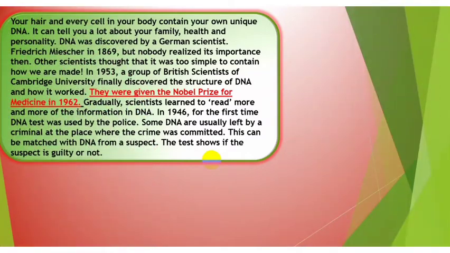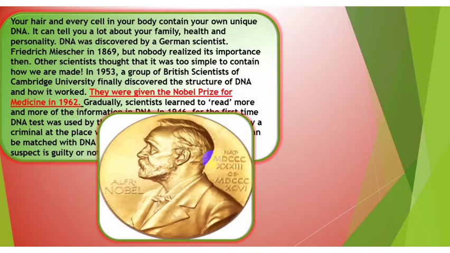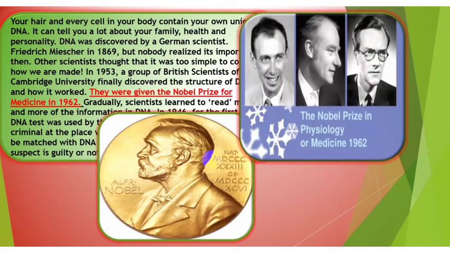They were given the Nobel Prize for Medicine in 1962. Here you see a picture of the 3 scientists, and they were given the Nobel Prize in physiology or medicine in 1962.